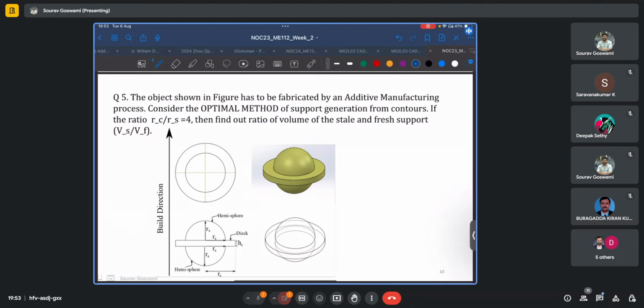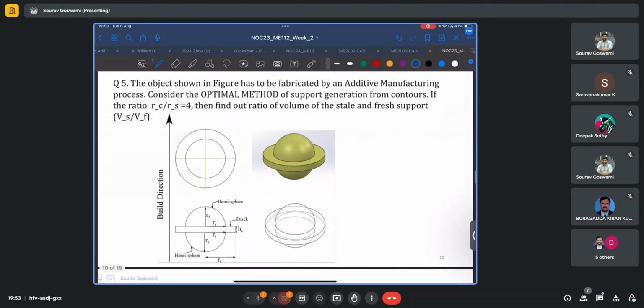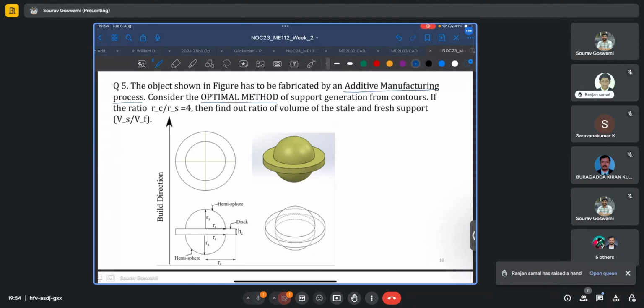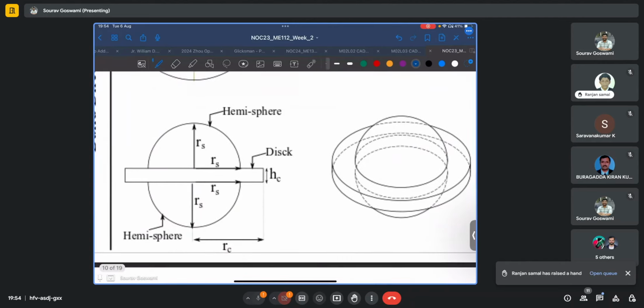Here we are given a complicated geometry which is to be built along the positive z direction. It is to be fabricated by an additive manufacturing process. Now, considering the optimal method of support generation from contours, and given the ratio RC by RS equal to 4, where RC and RS are illustrated here.